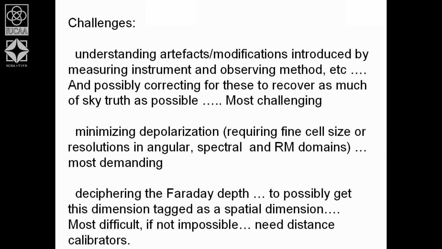And so you have to basically decipher the Faraday depth into a tag which will have a real distance associated with it, which will of course require you to have done some calibration by using sources of known distances.